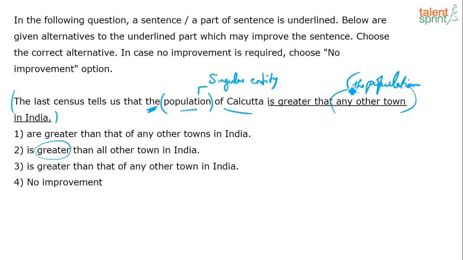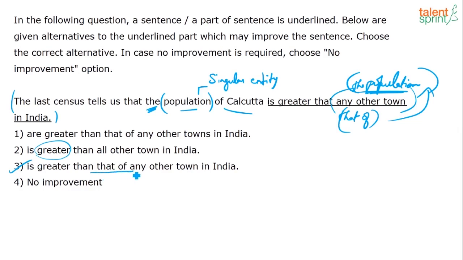So, because I need something to represent this, to make it clear and not confusing, I say "is greater than that of." That of meaning the population of any other town in India. That is why it is option 3.